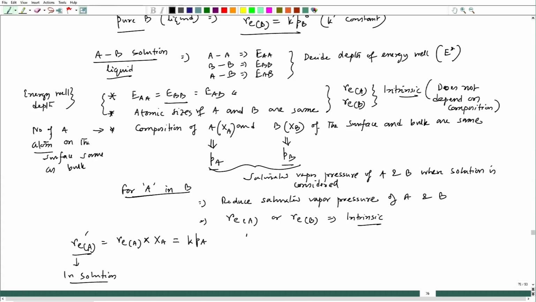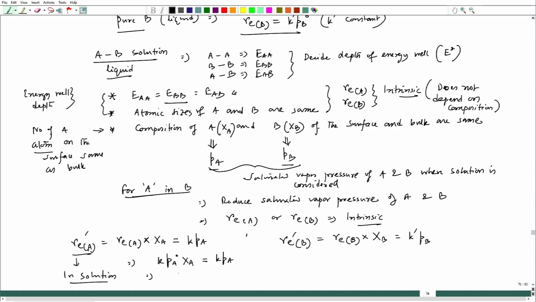So, that means RE prime B would be equal to REB in pure into XB. So, that will be the reduction, which would be equal to K prime PB, because in case of B we have considered the constant as K prime, in case of A we have considered the constant as K. So, now we also know that RE is nothing but K PA naught into XA equal to K PA.